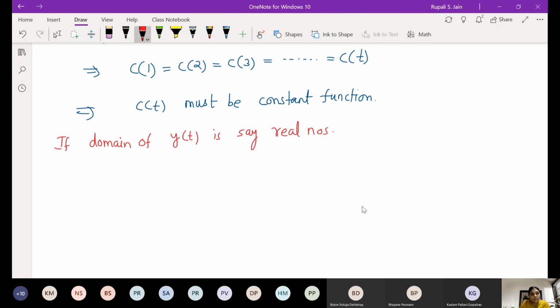Then I will get delta c of t equal to 0, that is, c of t plus 1 minus c of t is equal to 0 for all t belonging to R. So what is that function?